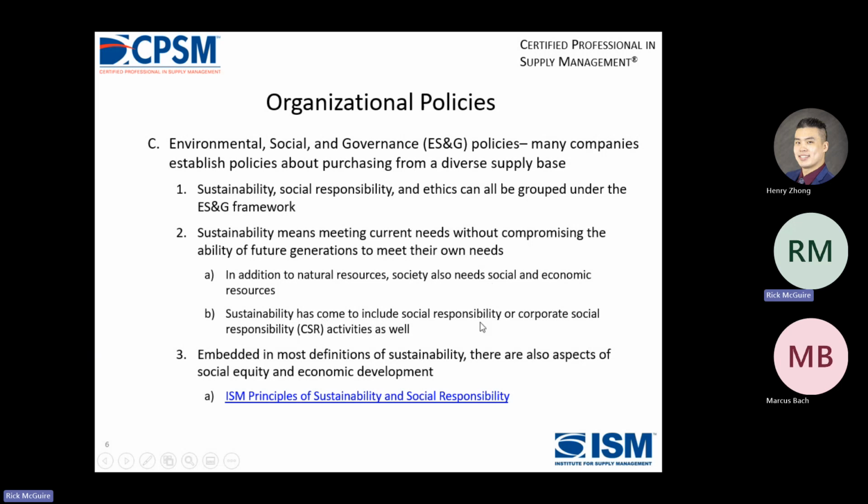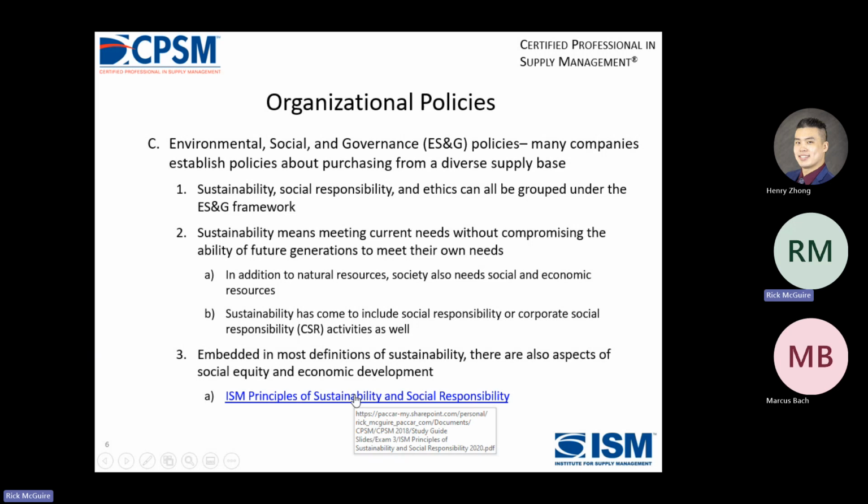And sustainability has come to include social responsibility or corporate social responsibility, which is an acronym called CSR, which is good governance and following the law and not using slave labor and that type of thing. Embedded in most definitions of sustainability, there are also aspects of social equity and economic development.